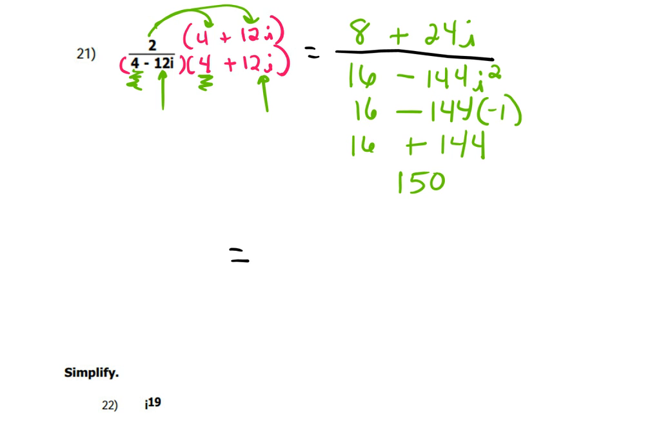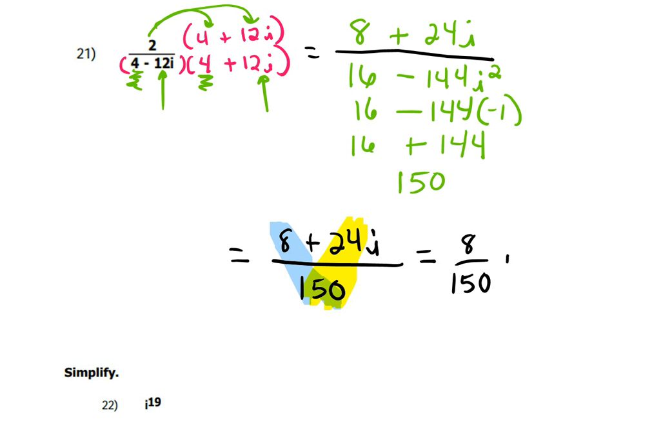So what you've got right now is 8 plus 24i all over 150, and you're just going to split it up. You're going to give the 150 to the 8, and you're also going to give the 150 to the 24. So this is going to be 8 over 150 plus 24 over 150, and then just stick the i over here. And then, of course, you should reduce your fractions.